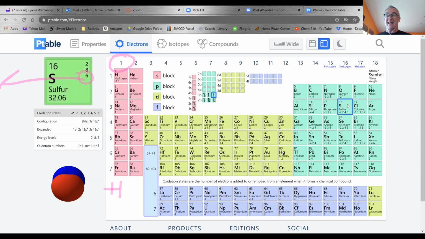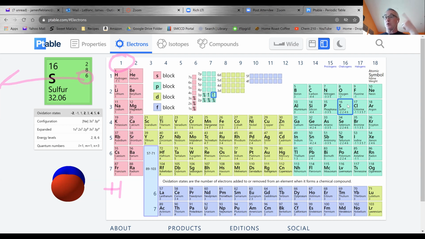Sulfur's only got 6 electrons in its outermost shell. So the way for it to achieve chemical stability is either to lose 6 electrons or gain 2 electrons. Which one do you think is easier to do? Gain 2 electrons. Yes, it gains 2. So it basically steals 2 electrons from whoever else it can steal them from. In this case, it's going to be sodium, because metals like to give away electrons.